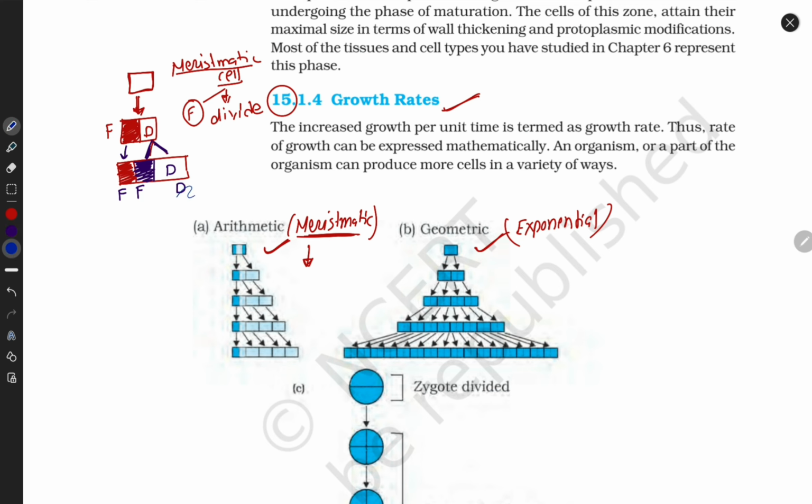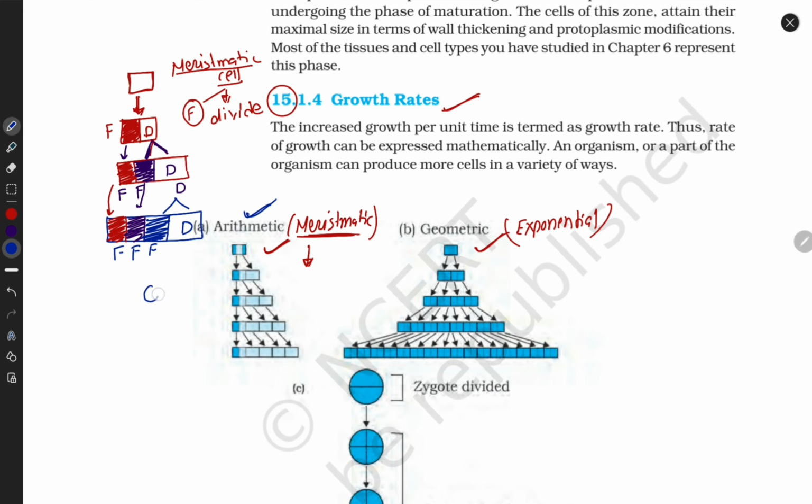Now this dividing cell divides again into two cells. Look here, this is the previous cell, and here this cell. When this cell divides into two parts, this cell is functioning and this is still dividing. So this is the growth rate of arithmetic growth rate. This growth we call arithmetic growth rate.